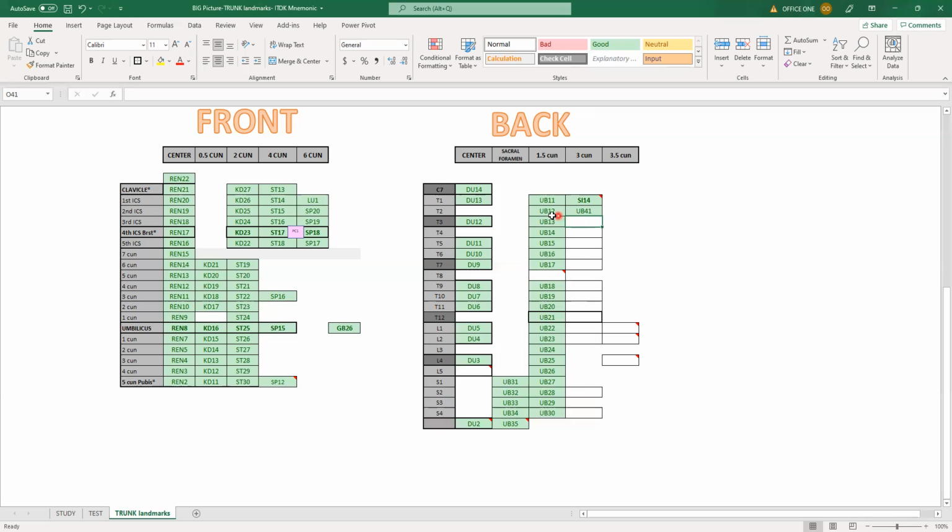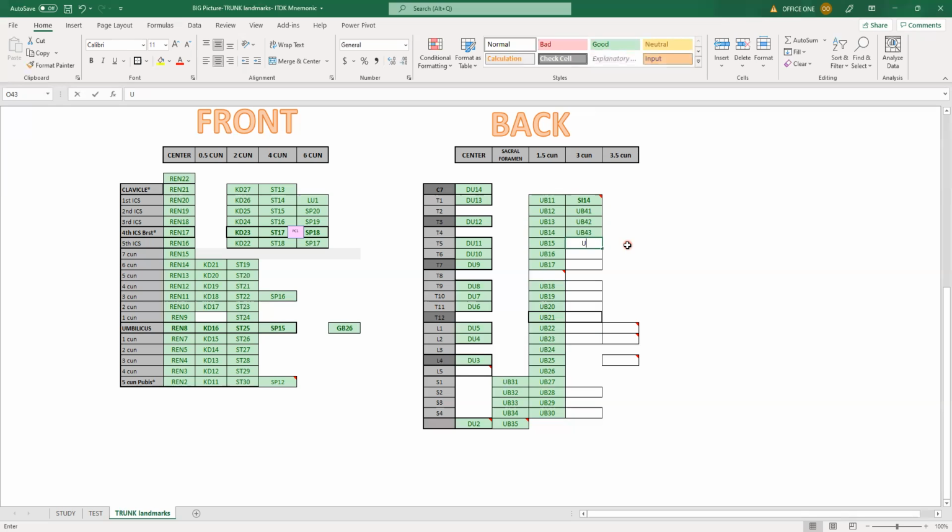So let me show you. If you add 3 numbers to the first digit, you have 4. If you subtract 1 number to the second digit, you will have 1. So UB41. UB13 will be UB42. And the same for the other ones.